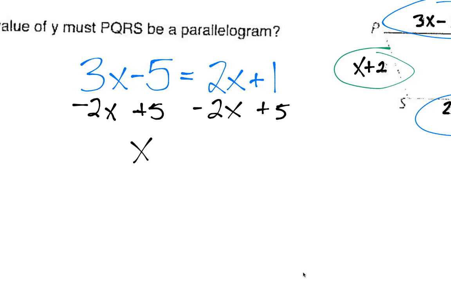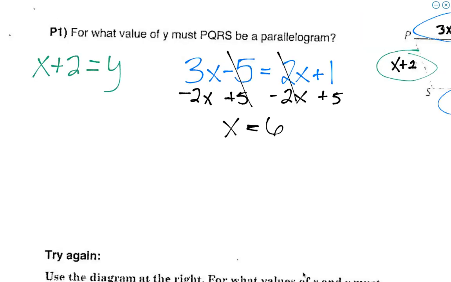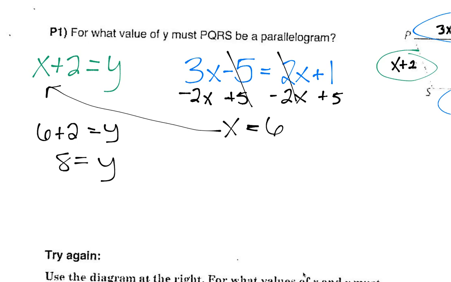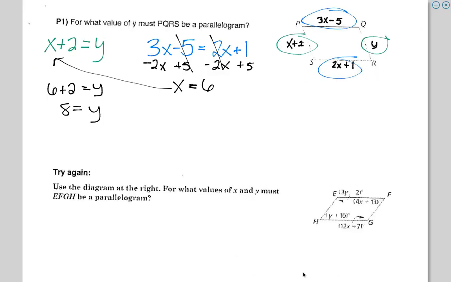So we have x equals 6. And if x equals 6, we can now bring that over here and say 6 plus 2 equals y. So y equals 8. So for what value of y? Our answer is y must equal 8.